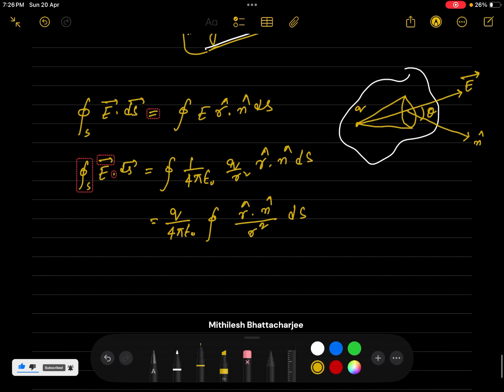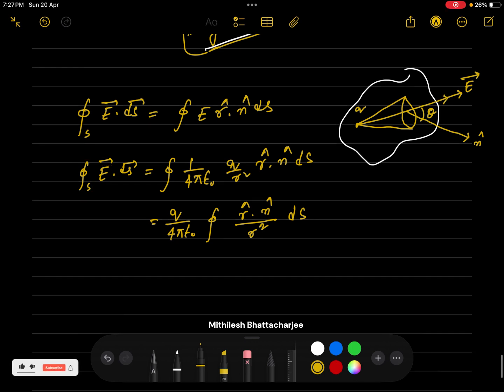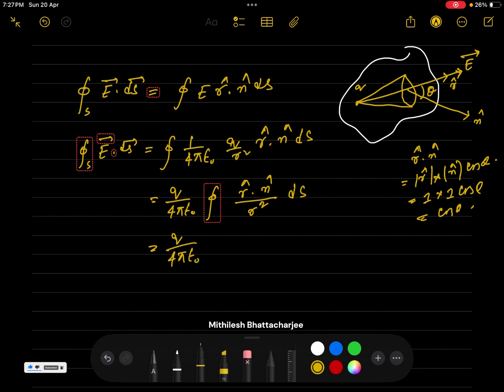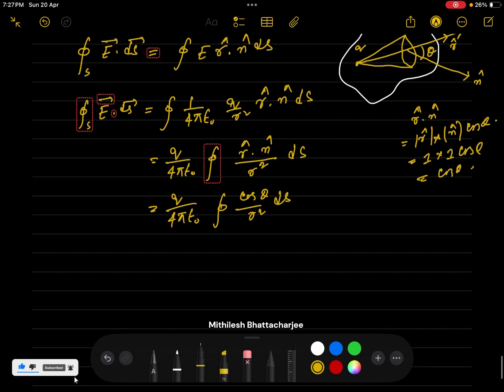Now this is the direction of the electric field, the unit vector r cap, and this is the unit vector n cap, right? So r cap dot n cap is r cap into n cap into cos theta. The value of r cap is 1, the value of n cap is 1, so only cos theta will be there. So q by 4 pi epsilon naught surface integration of cos theta by r square into ds.